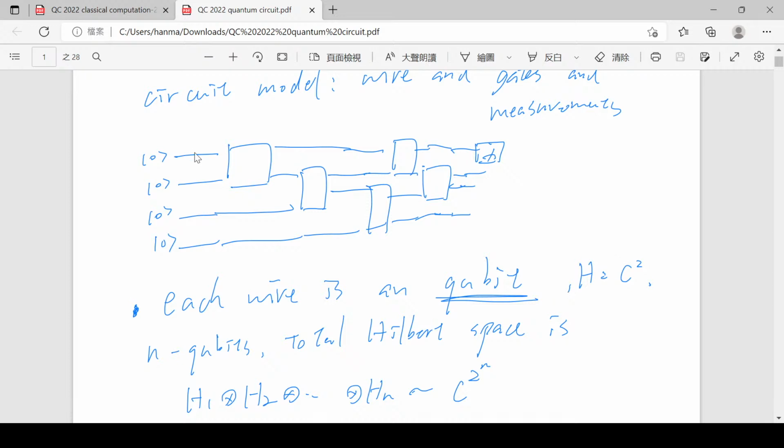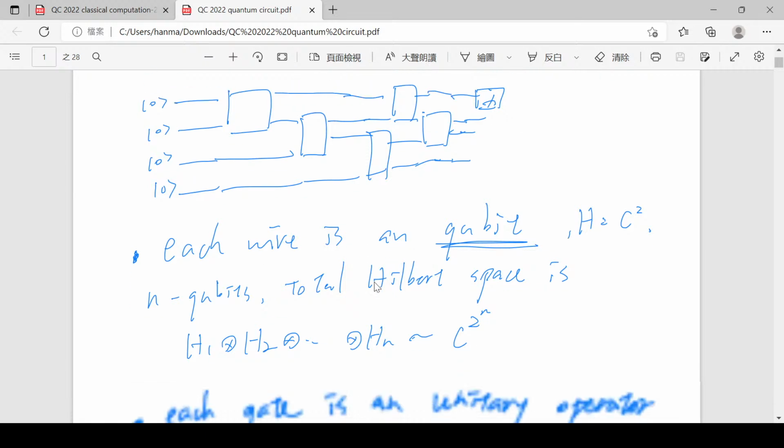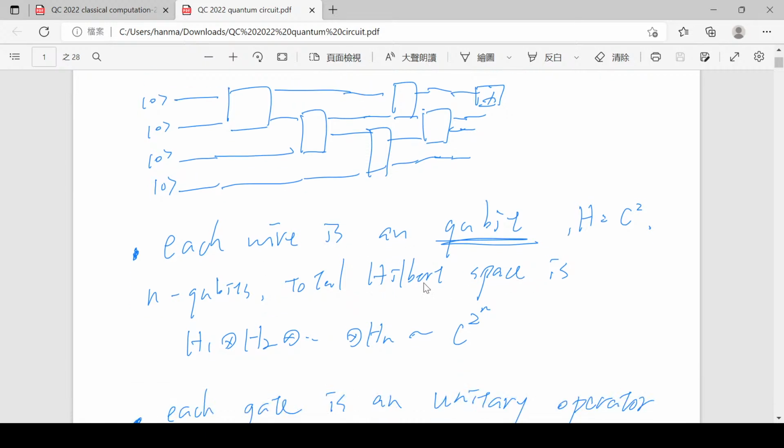One wire is 1 qubit, and we'll have n wires. So there are a total of n qubits here, small n. The total Hilbert space, once again, is the tensor product of everything, because these qubits are going to interact with each other. So the total Hilbert space is the tensor product of all the qubits, H1 tensor H2 tensor up to Hn.